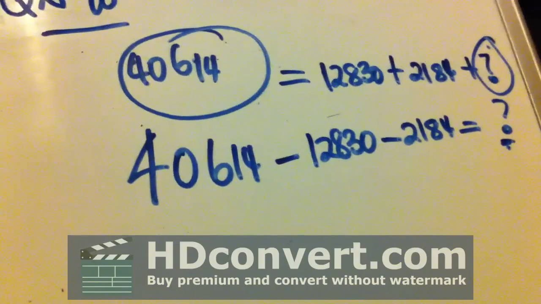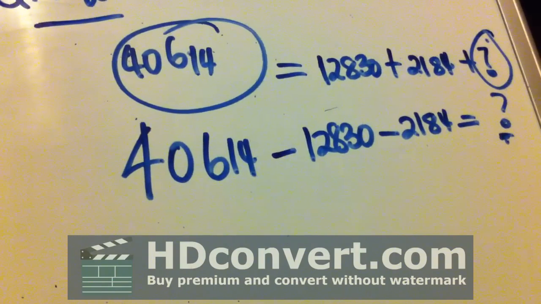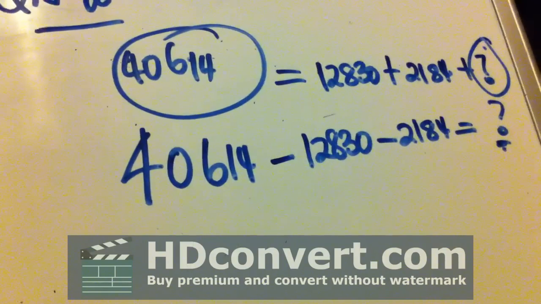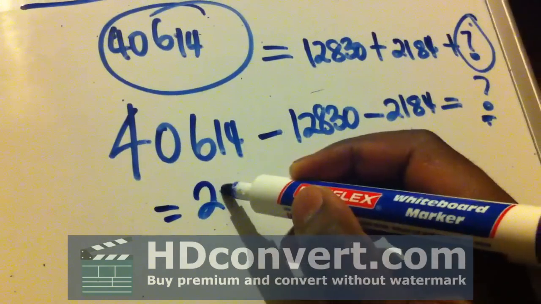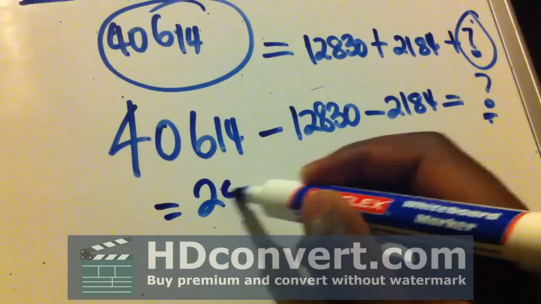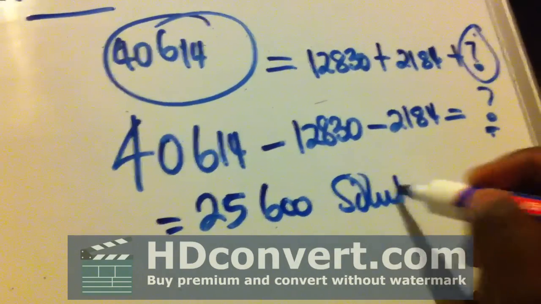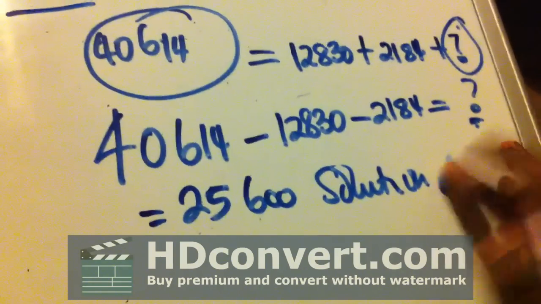So if you do your additions and subtractions there, you'd realize that the answer is going to be 25,600, which is solution 1.